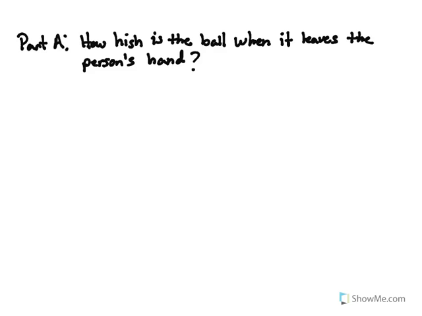Okay, so it's going to be a three-part question, and I'll break down each question for you. How high is the ball when it leaves the person's hand? So remember the original equation that we had.